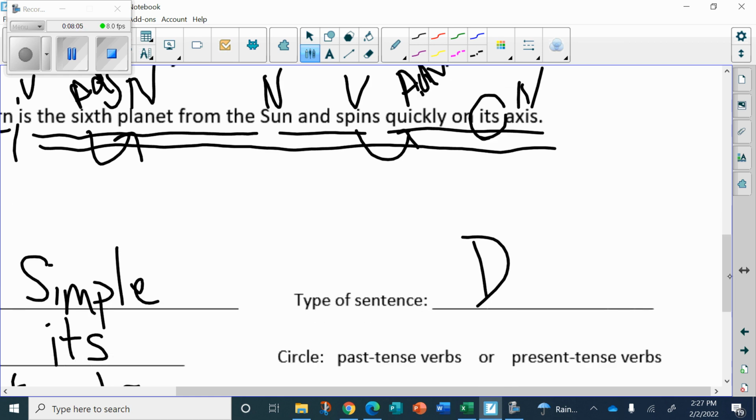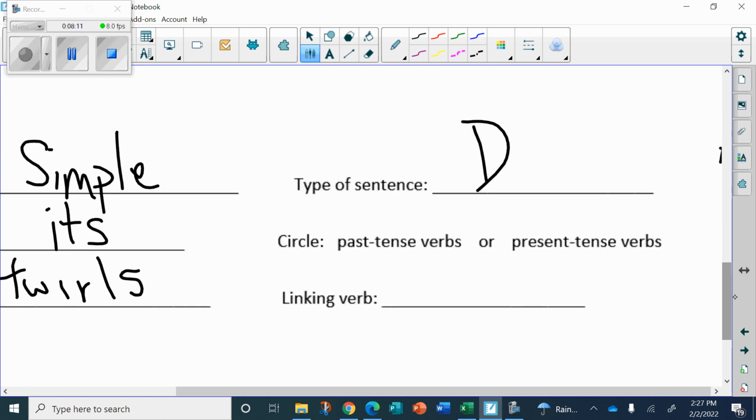It would have been spun and was, and it doesn't have will, so it's going to be present tense. And then my linking verb, we just talked about that. Am, is, are, was, and were. So that is your linking verb. All right, ladies and gentlemen, I hope you followed along and filled out your sheet with me, okay? Tomorrow we're going to have a test.